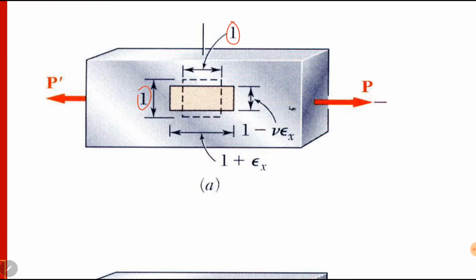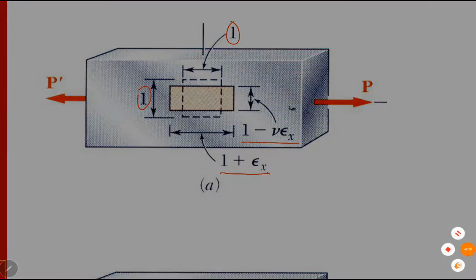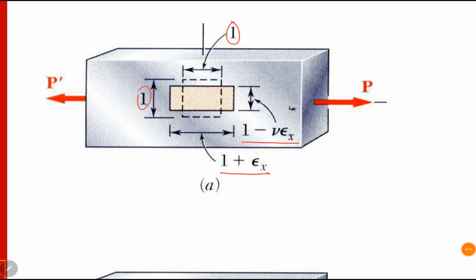we will see that there will be a change in length of this cube. In one direction it will be increased, in the other direction it will be decreased. The increase is 1 plus epsilon x, and the decrease is 1 minus nu times epsilon x, or it can be 1 minus epsilon y.